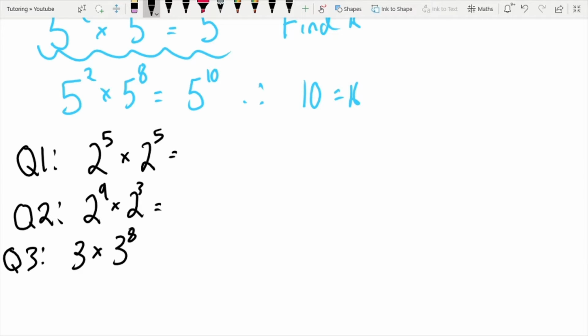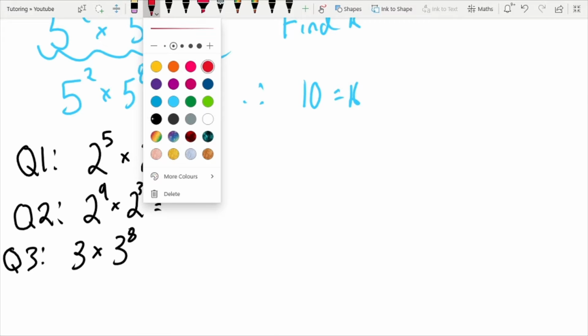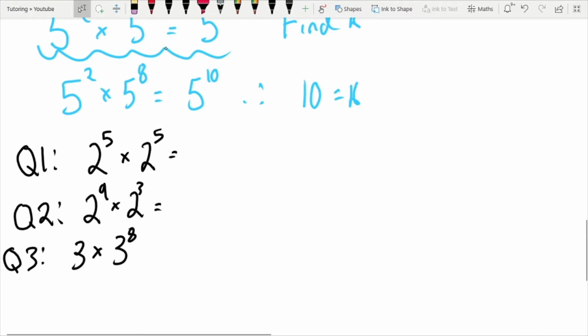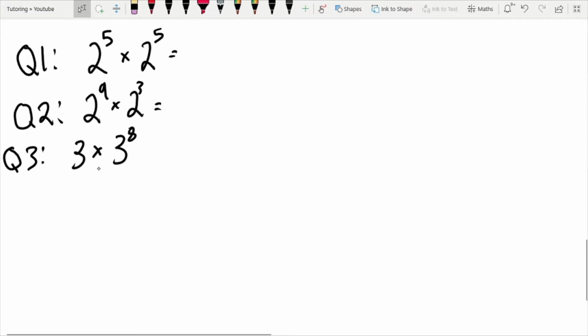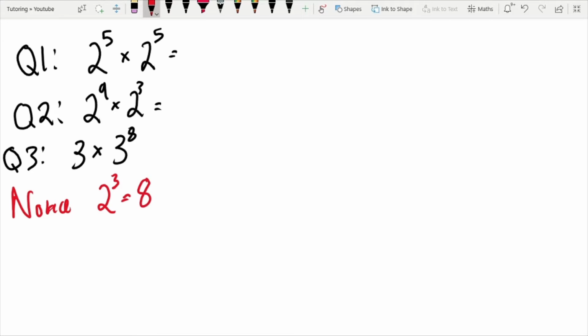And this is a challenge question, this one. This is a very challenge question. So I would like you to have a go at it. I'm going to write a quick note. So notice, before doing this problem, notice that 2 cubed equals 8.